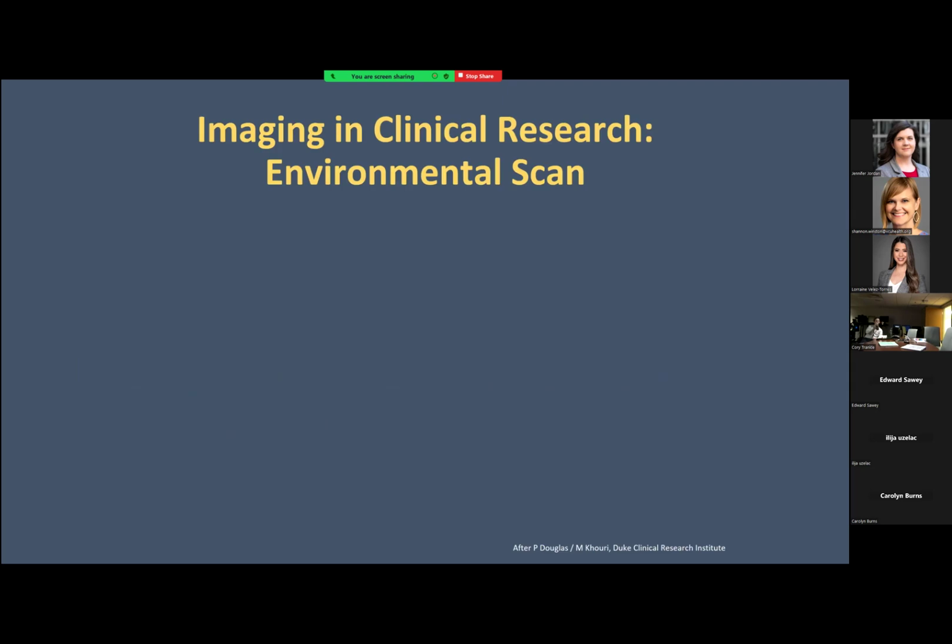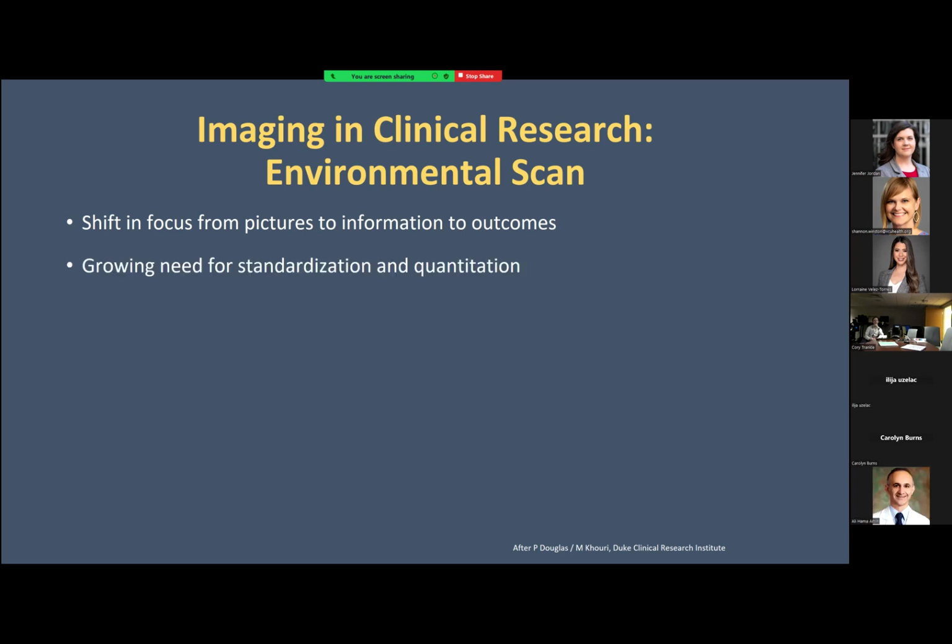So if we look at an environment scan, when we're doing clinical research, we have a shift in the focus from pictures to information to outcomes. We really need to make sure that we're getting the right information so that we can make these statistical inferences from the data.